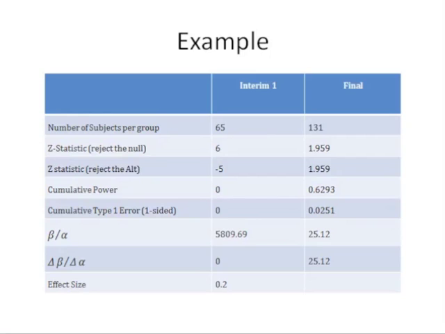A Bayesian who's calibrated to mimic a frequentist, that is, reject when the study has 80% power and type 1 error 0.025, wouldn't reject the null hypothesis as well. So we're assuming we observed data something like 1.6 at the interim and 1.98 at the final analysis. An evaluation of power to type 1 error would not support rejecting the null hypothesis as well, since the ratio of power to type 1 error is 25 at the final analysis.